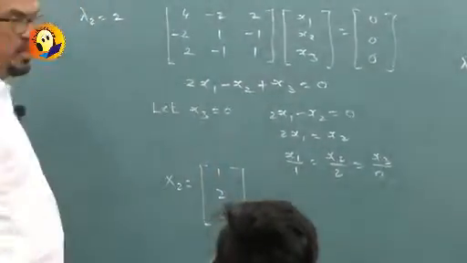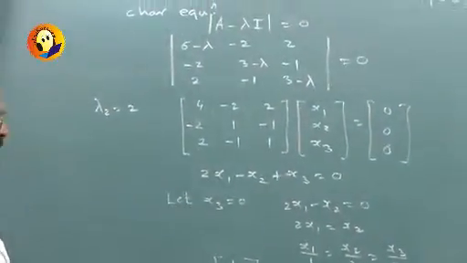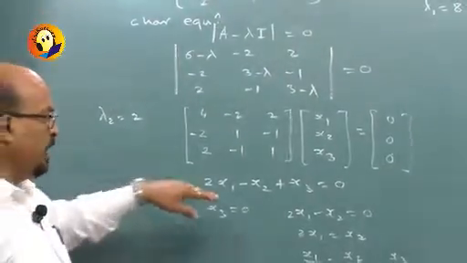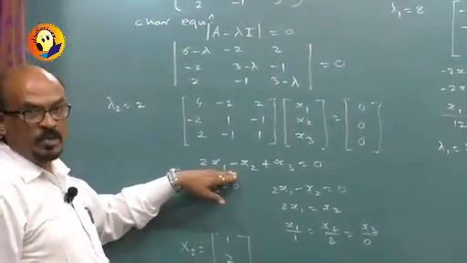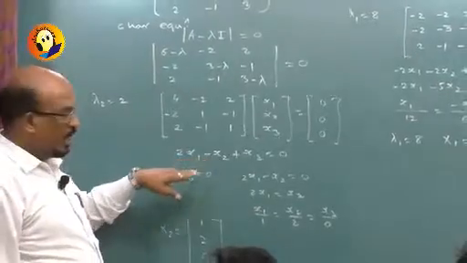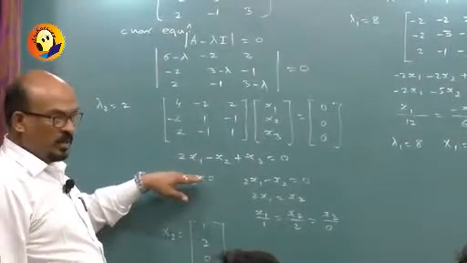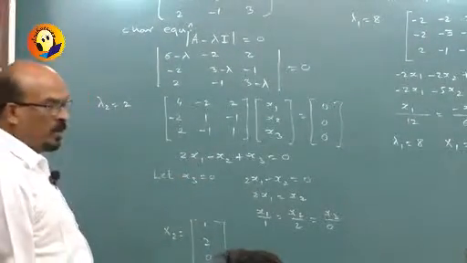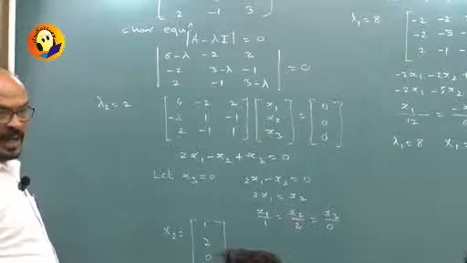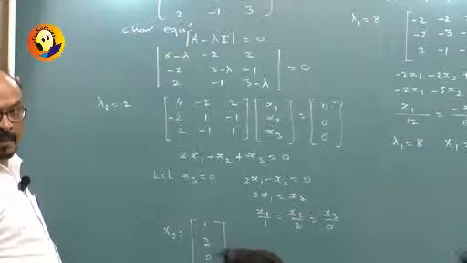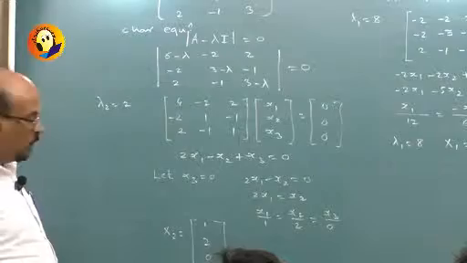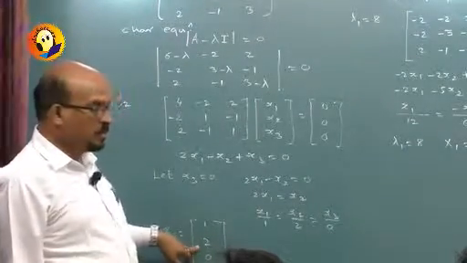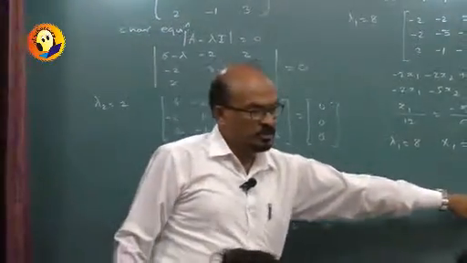So there is no change till this point. Previously we used to substitute something else as 0 when the matrix was not symmetric, and now the procedure will change. We will have to assume the third vector as LMN, and that LMN should be orthogonal to this and orthogonal to this.